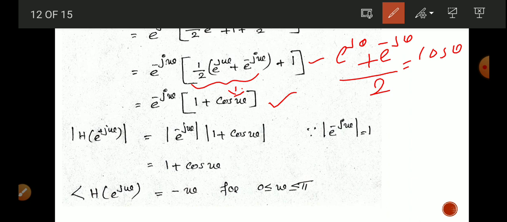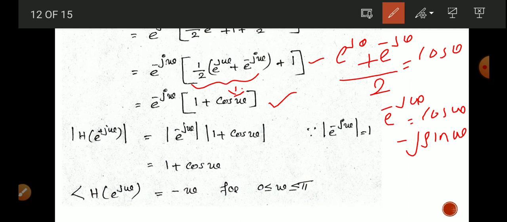To plot the magnitude response, we have to find the modulus of h of e raised to j omega. The modulus of h of e raised to j omega is the magnitude of e raised to minus j omega into 1 plus cos omega. Modulus of e raised to minus j omega equals 1. We know e raised to minus j omega equals cos omega minus j sin omega.